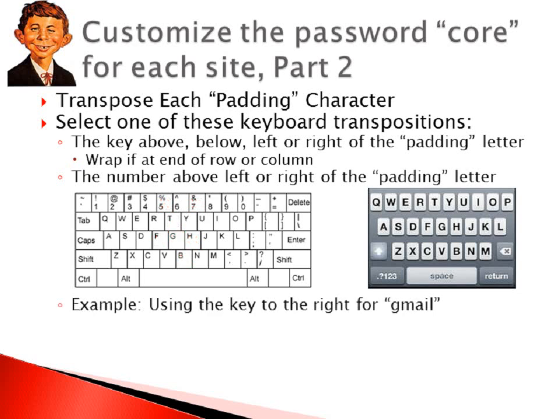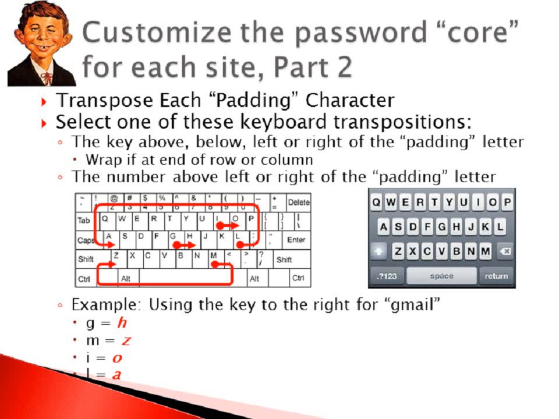Imagine that I had rolled a 4, so that I should be using the key to the right of every character in my pad. Well, remember that the G in Gmail, I'm going to use the key to the right of it. That becomes an H. The M in Gmail, there's no letter to the right of the M, so I wrap around the keyboard to the Z. The key to the right of I is O, and the key to the right of L is, whoops, no letter there.